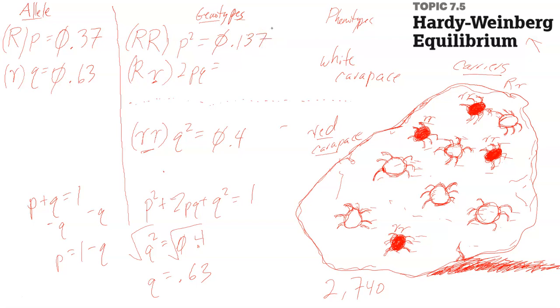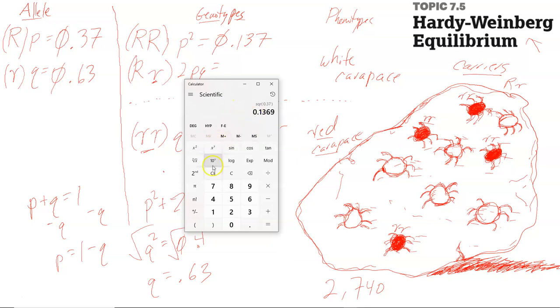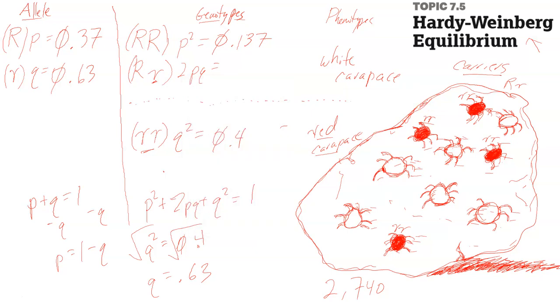How about that? All right. Now we can find 2 times p times q. Right? So be careful here, you want to look at p and q over here on the left. 2 times 0.37 times 0.63. Okay, that's going to give us 0.4662, right? 0.466.